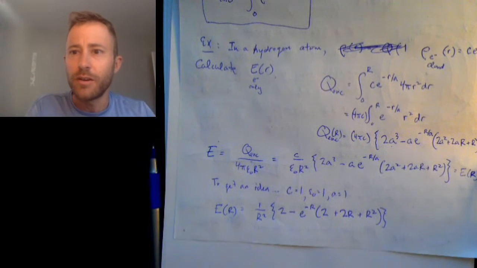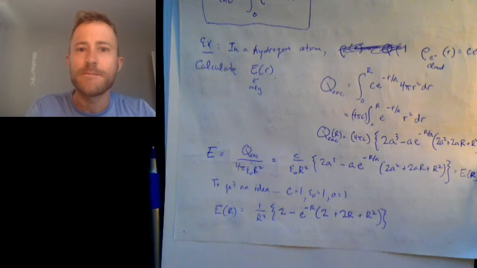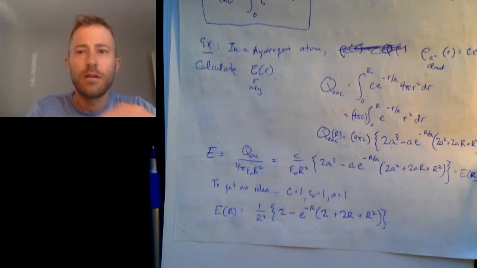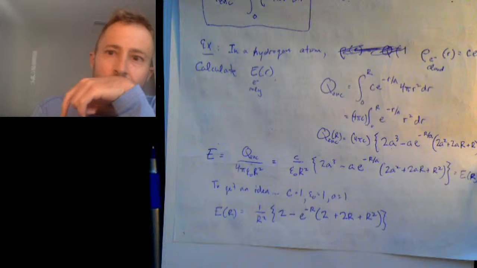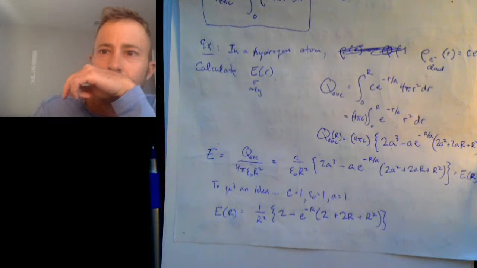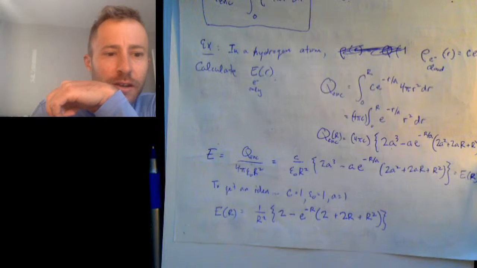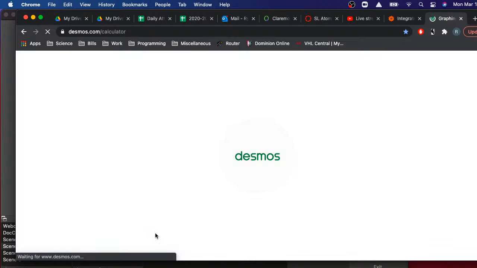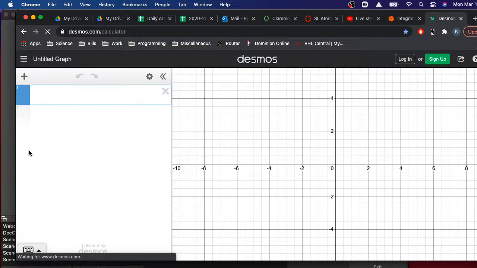So now I can go to Desmos, and I can just type in the same form as that function.